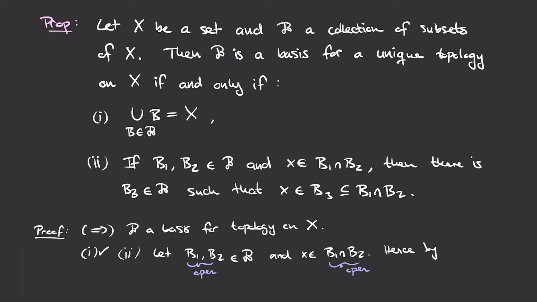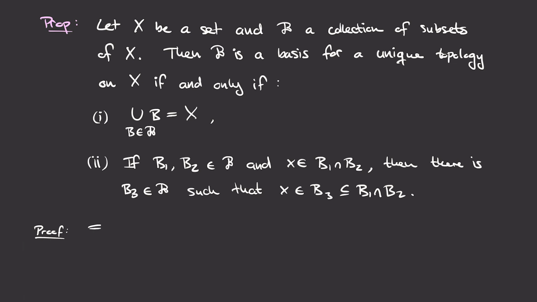So hence by the basis criterion, there's going to exist some third basis element such that X is an element of the third basis element, and this is going to be a subset of this open set, which is in this case the intersection of B1 and B2. Okay, so this shows the second point and also the direction that if B is a basis for some topology on X, then these two conditions hold.